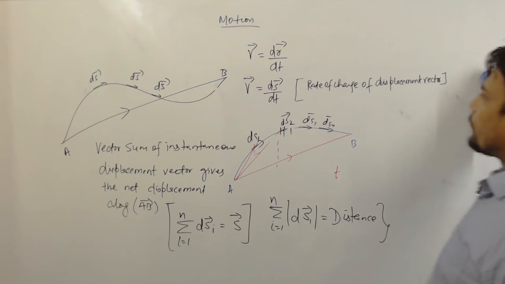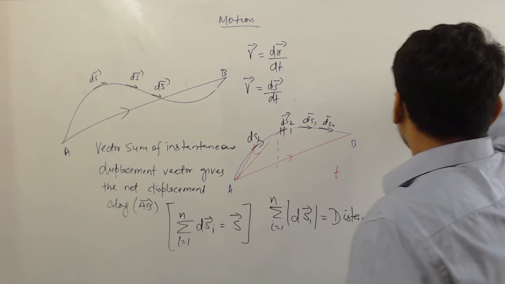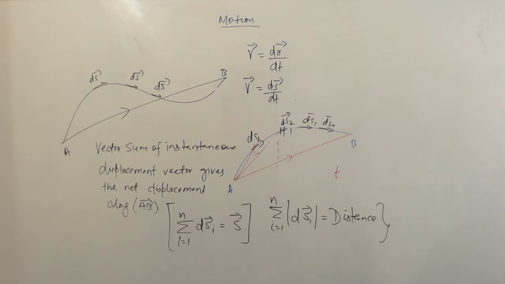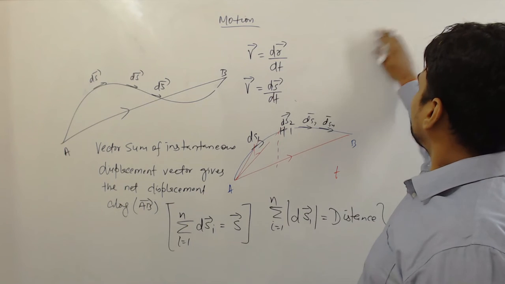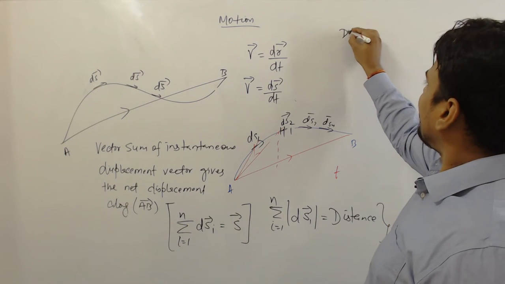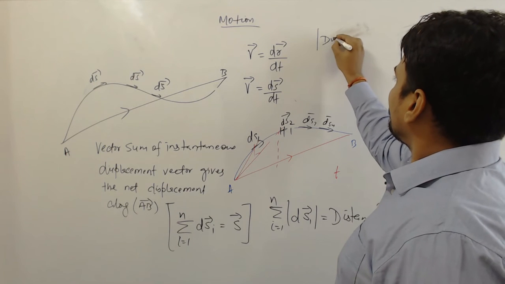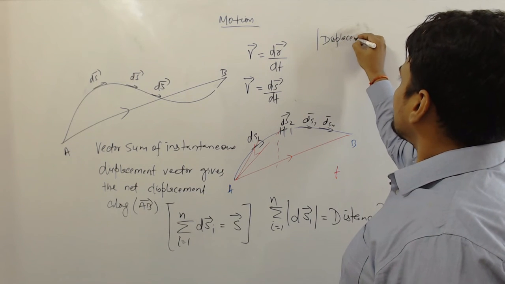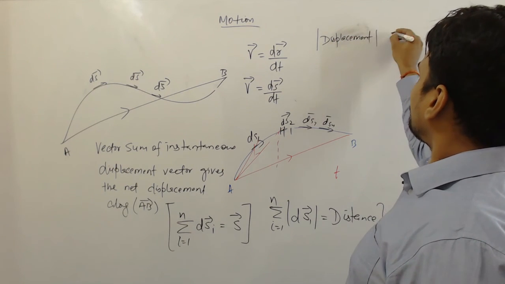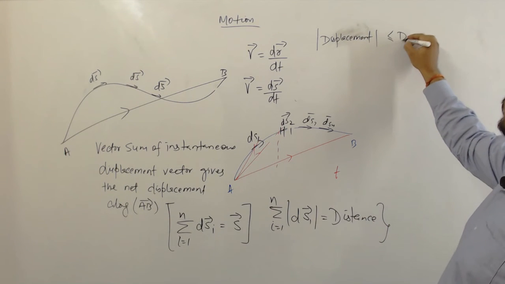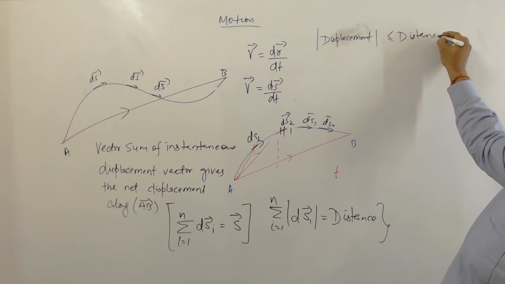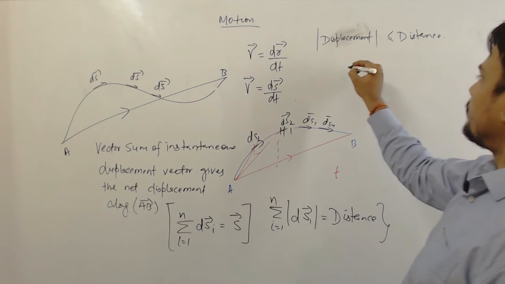अगर इतना बात clear हो गया तो मैं कुछ mathematically यहाँ पे we can form a relation. Remember initially what we had said, the magnitude of the displacement was either equal to or less than the distance. इसको mathematically we can write as what?